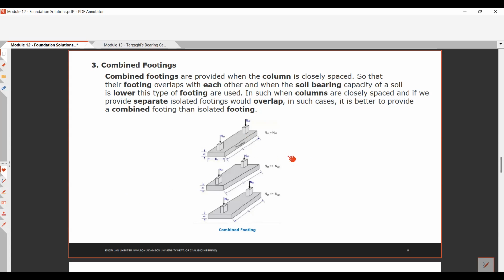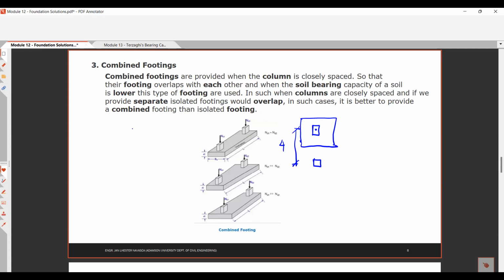Okay, so this happens when, let's say, you have a column here, and the distance between them is, let's say, 4 meters. And you run your analysis and you found out that the required dimension of the footing is, let's say, this one.